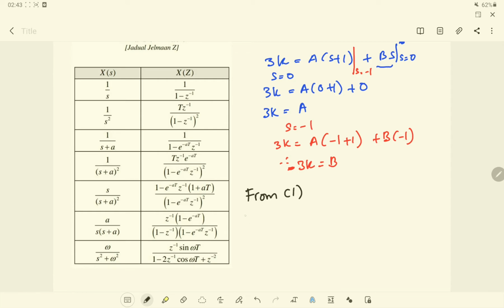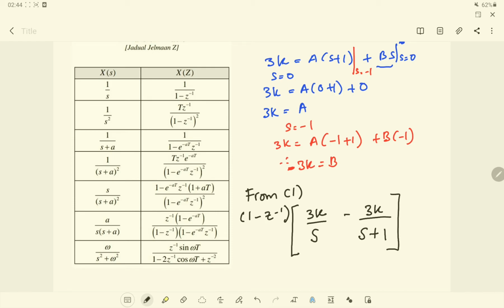We can write it as (1 minus z inverse) times, where A equals 3k, 3k over s minus 3k over s plus 1.